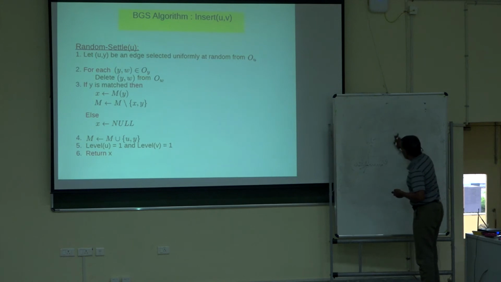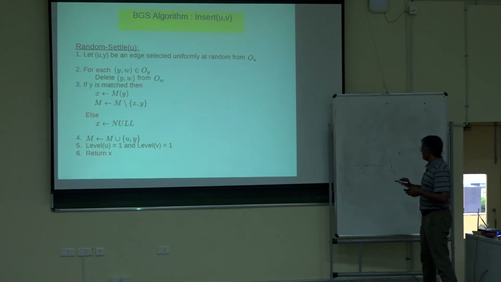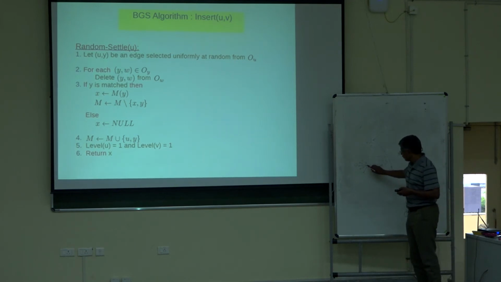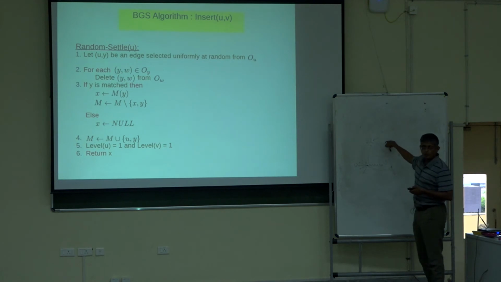Right, so y is here. So y is at level 0. Remember that u was at level 0. It's taken the ownership of edges, and y is one of them. Observe that if y was higher, it would have owned that edge. So now y is at level 0.